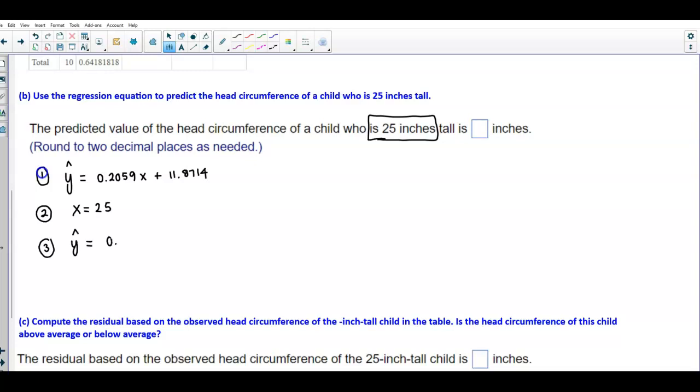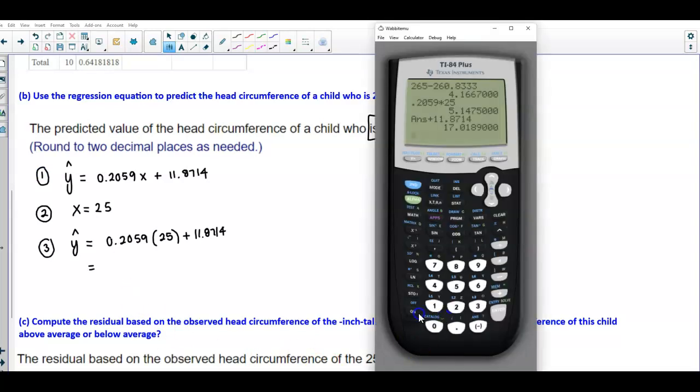So it's going to be 0.2059, and we're going to multiply that by x, which is 25, and then add 11.8714. I did it on a calculator here: we take 0.2059, multiply that by 25, and then add 11.8714, which is 17.0189.